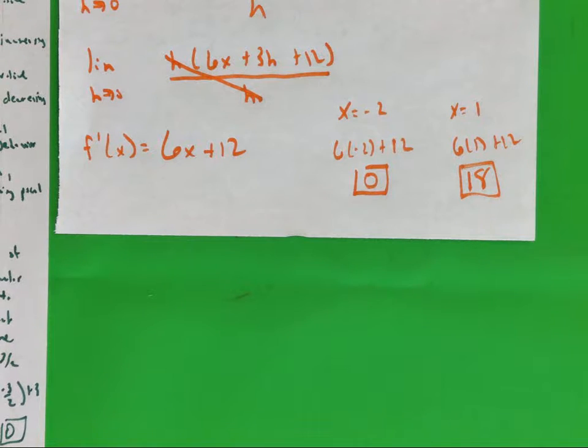Get your graphing calculator out. Graph it. 3x squared plus 12x minus 1.